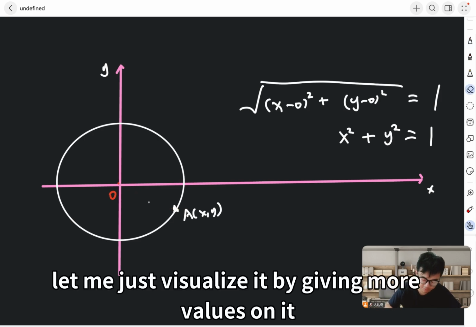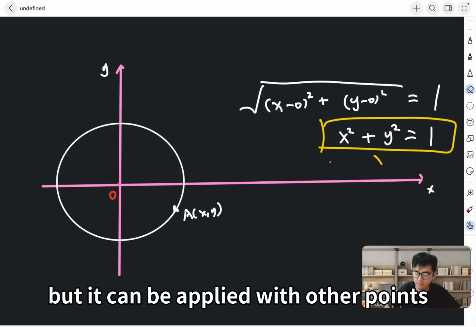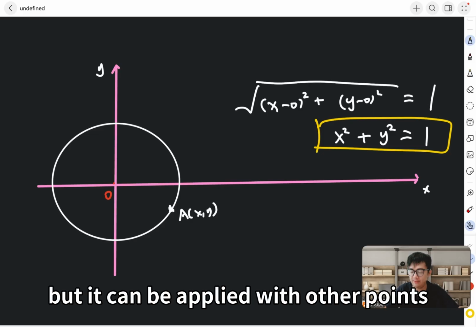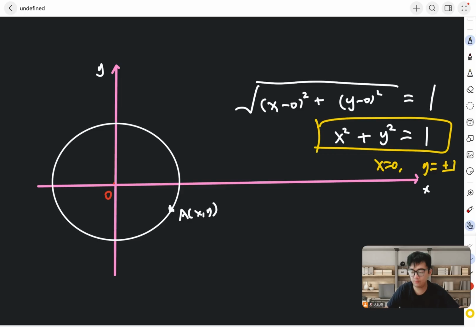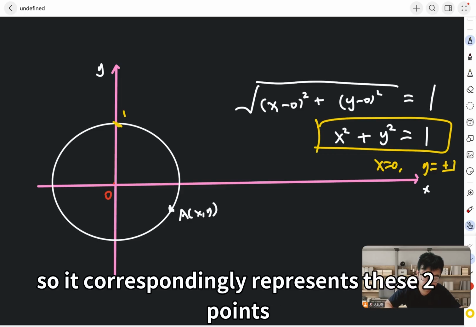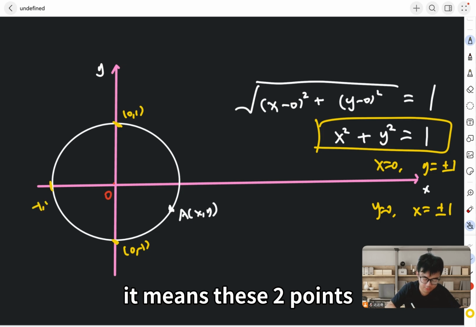Let me just visualize it by giving more values. This is an equation we got from point A, but it can be applied to other points. When x is 0, obviously y is minus 1 or positive 1. So it correspondingly represents these 2 points. And when y is 0, x is 1 or minus 1, which means these 2 points.